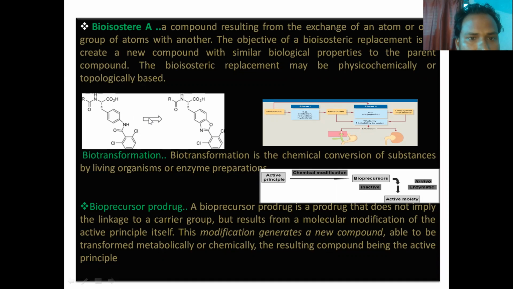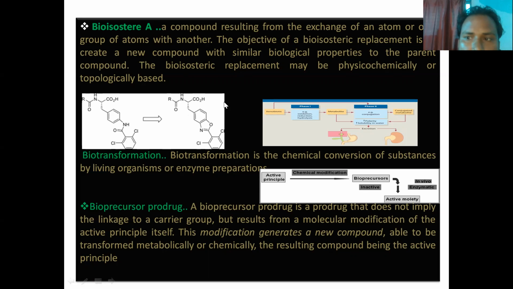Okay, so that is the difference. And the other quality of the bioisostere is that both species, meaning these structures or organic compounds, have similar biological properties. This replacement may be physicochemically or topologically based. Topological means structurally based. Okay, so this is the bioisostere.